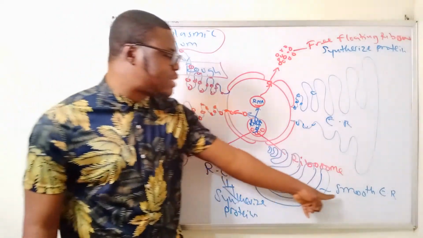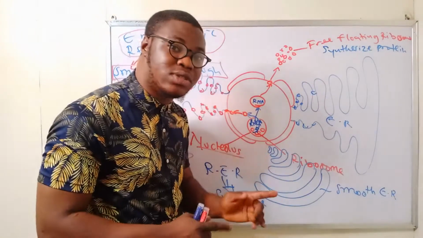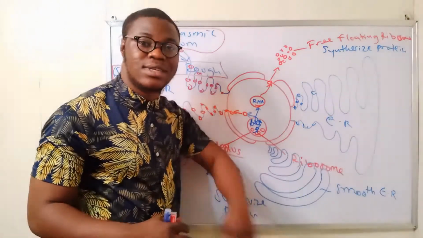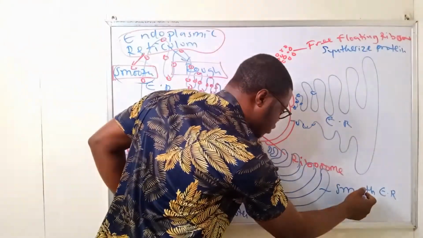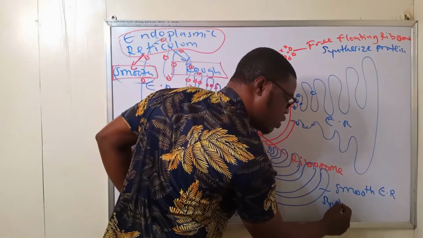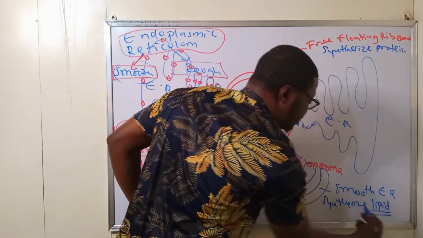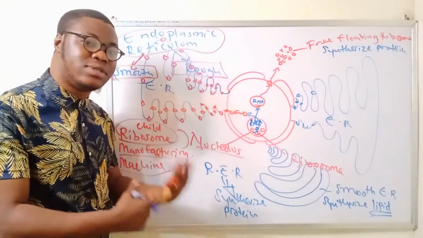So the smooth endoplasmic reticulum will leave protein alone and go to the next class of food. Let me not argue with the rough endoplasmic reticulum. Let me just go and synthesize the next class of food, which is fat. So the function of the smooth endoplasmic reticulum is to synthesize not protein now, but fat. Fat is also called lipid. As simple as that. We said that in the previous lesson while introducing the cell membrane.